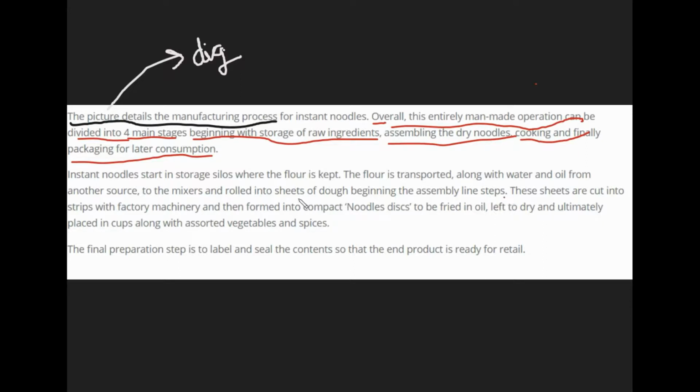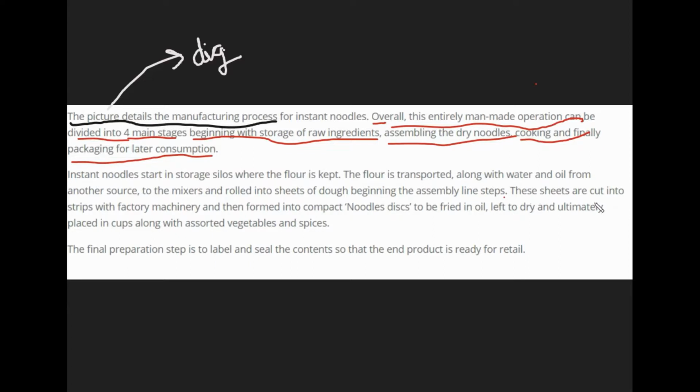So here I'm not telling it is first stored. The second line, it is, then it comes to the mixture where oil and water are added. It's a normal band score. If you want a 7+, that's how you have to write. You have to maintain that continuity in your task 1. Alright, now let's see what next I have written.